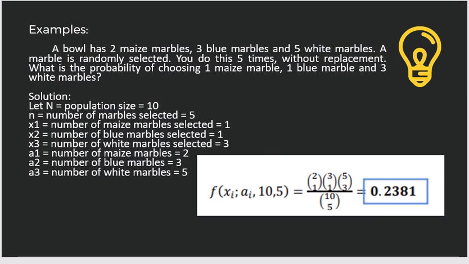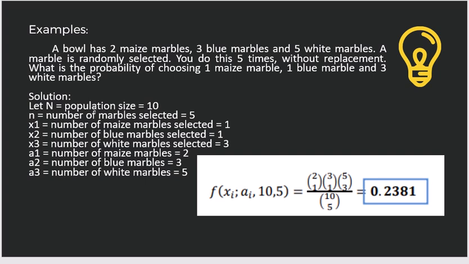A bowl has 2 maroon marbles, no? Ito yung example natin kanina. So if you're going to have a bowl with 2 maroon marbles, 3 blue marbles, and 5 white marbles, kukunin natin what will be the probability of choosing 1 maroon marble, 1 blue, and 3 white marbles.